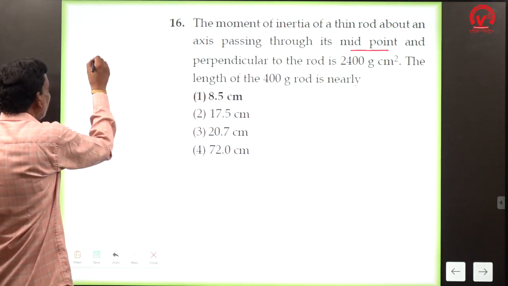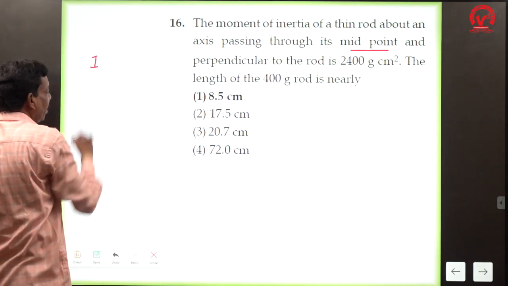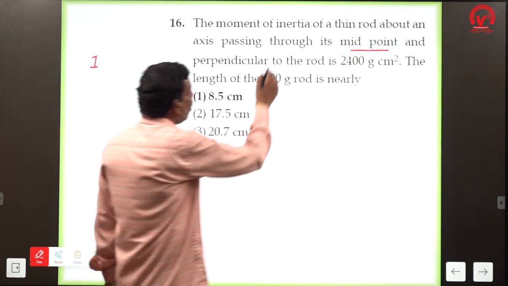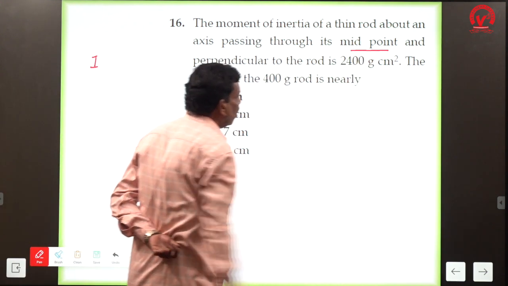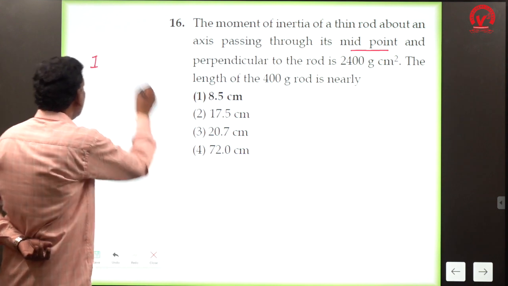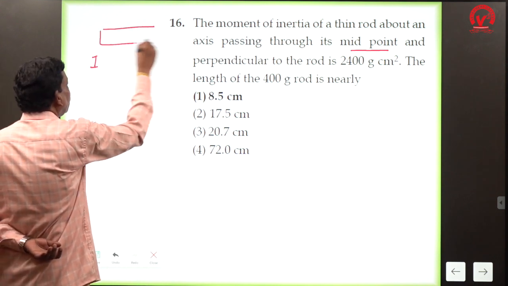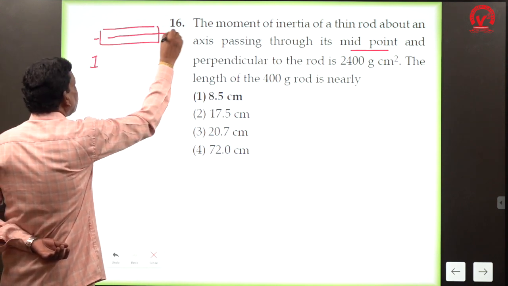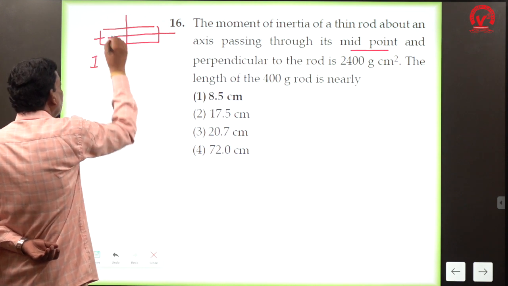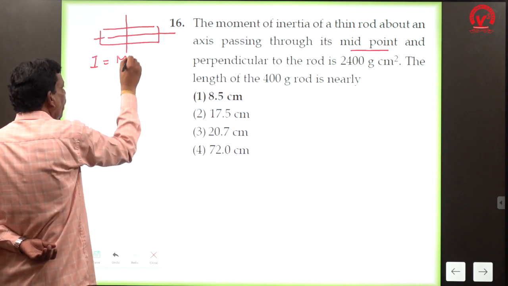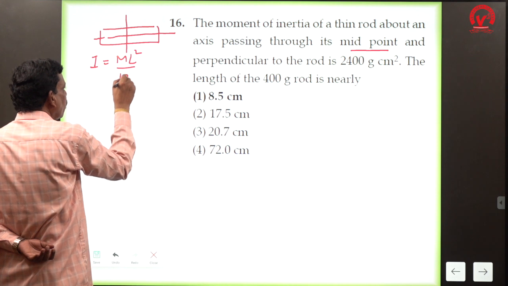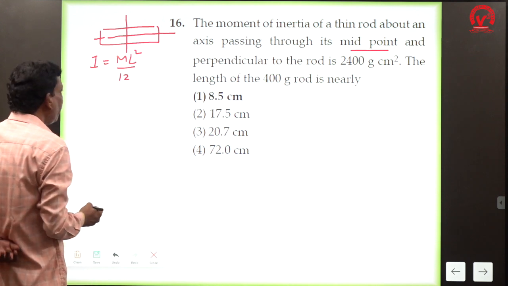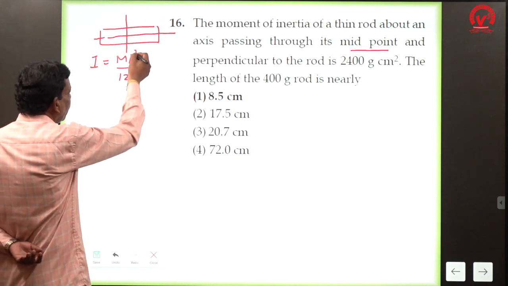They gave the moment of inertia I value. What is the moment of inertia of a thin rod? I is equal to ml square by 12. We need L.